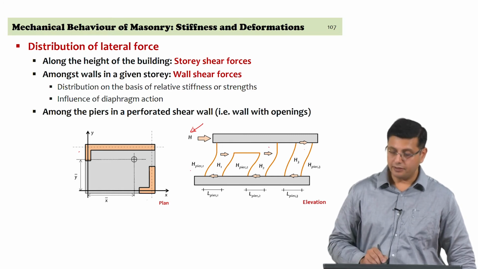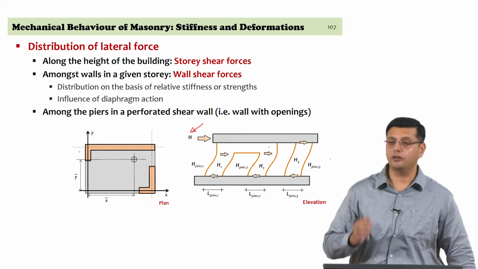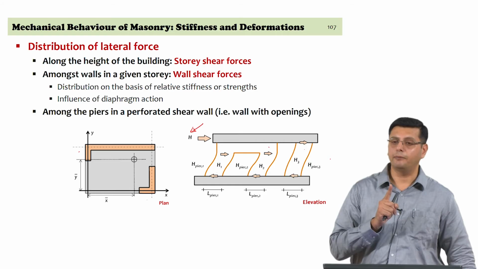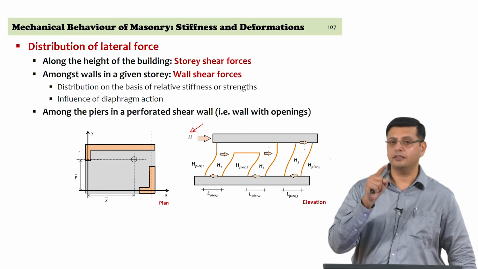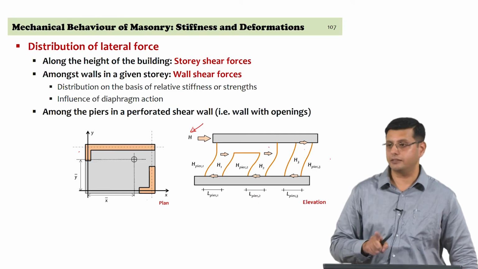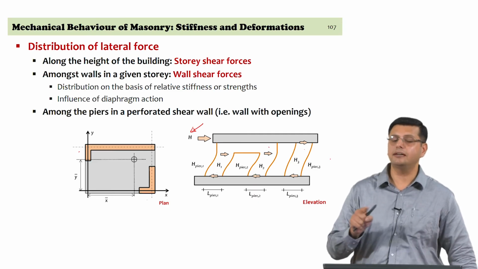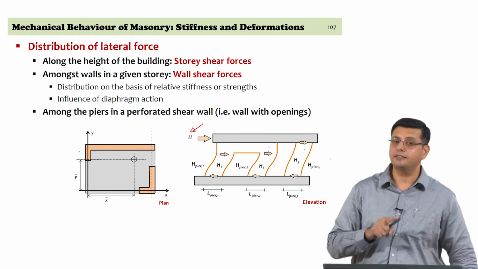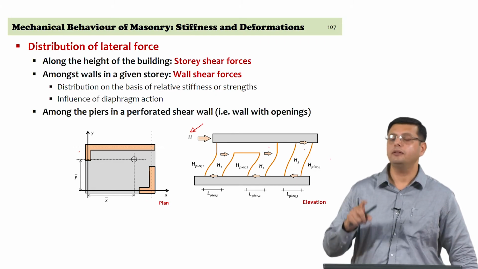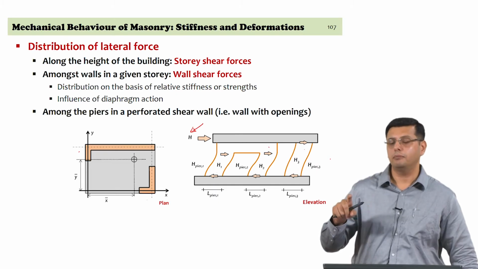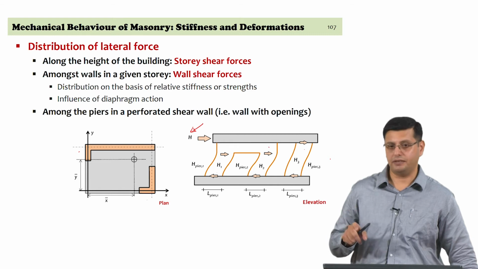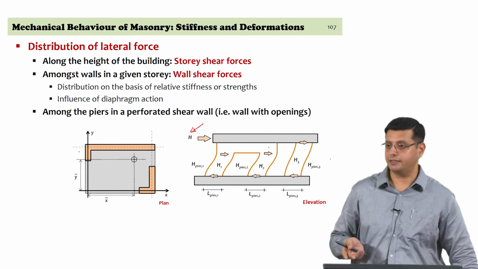So, I have pier 1, pier 2 and pier 3. We call them piers because they are the vertical elements, the gravity load carrying elements, and they are the ones resisting the lateral force. So, the piers are defined as lateral load resisting vertical elements, and they form the most important parts of a load bearing masonry structure under the lateral action.